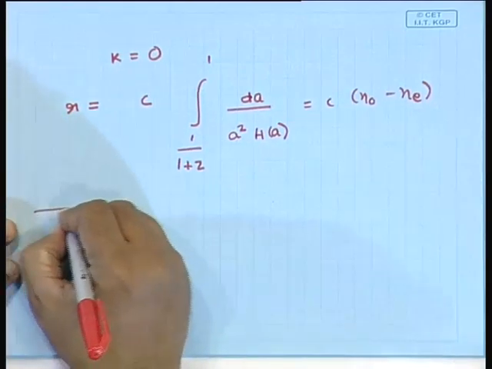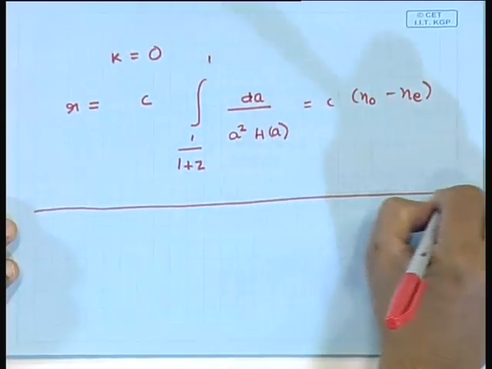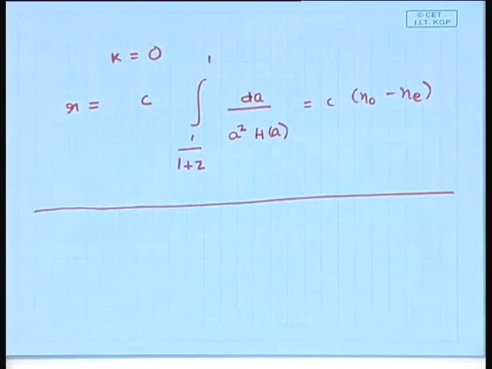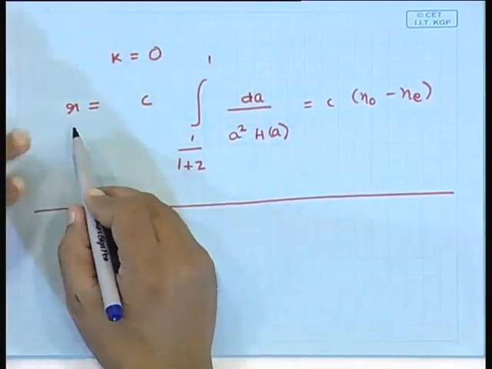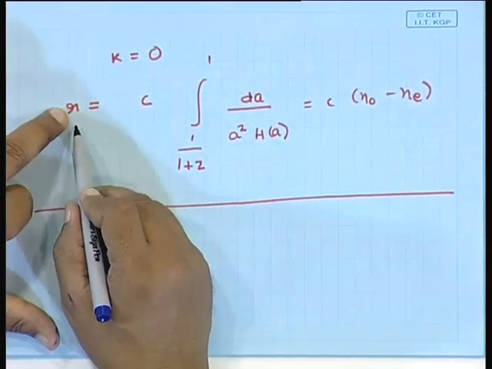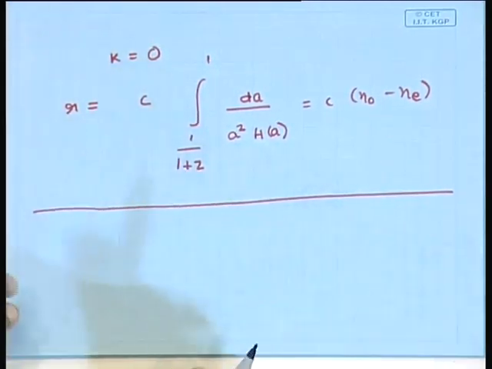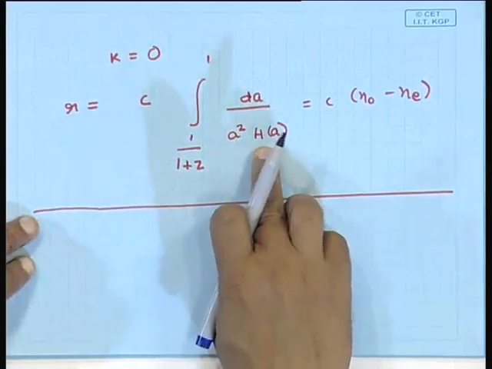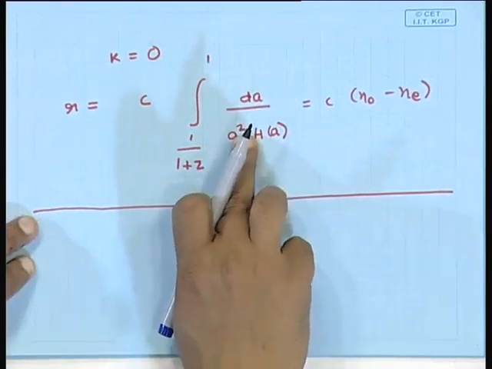Okay. Let us take up one concrete example before going ahead. What I mean by an example is that the relation between the coordinate distance r and the redshift z depends on the functional form of the Hubble parameter as a function of the scale factor.